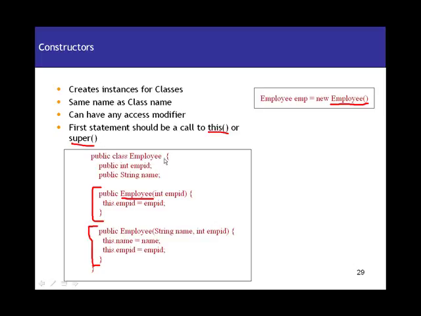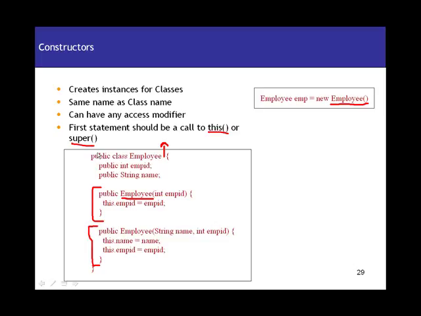Whichever class this Employee is extending from, it's going to call the no-argument constructor of that class. If Employee is not extending any other class, the superclass is going to be the Object class. Any class will definitely have a superclass, and if you don't have any explicit superclass, the superclass is Object. So it's going to call the no-argument constructor of the Object class.